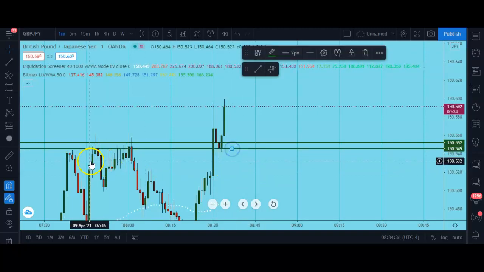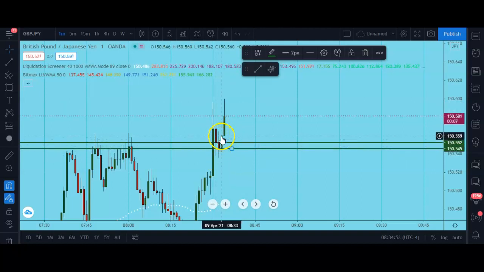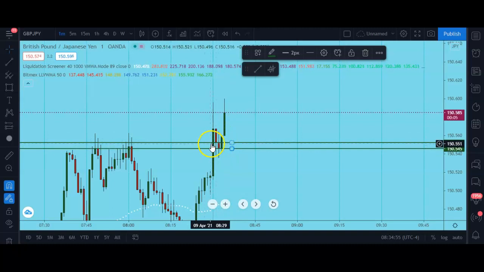And that was because this level right here, this was support, resistance, this closed as support. So with these two rejections right here, this next candle was to buy up. This closed above this point right here. So this candle is going to close as a buy. It's bullish engulfing.